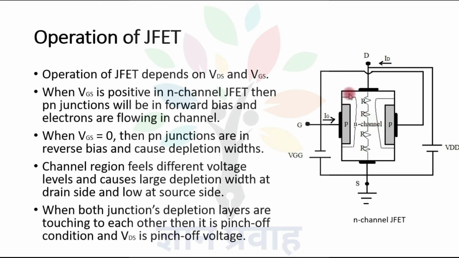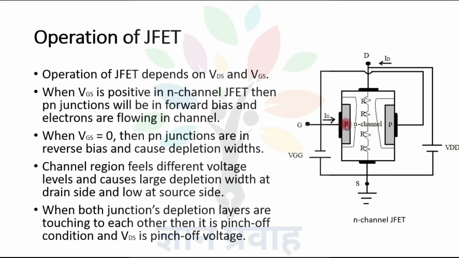So the depletion region width is increased by applying a VGS voltage in such a way that this PN junction operates in reverse bias. So in case of N-channel JFET, we are applying reverse VGS voltage, simply showing that the negative terminal of this input voltage is connected to the P side.